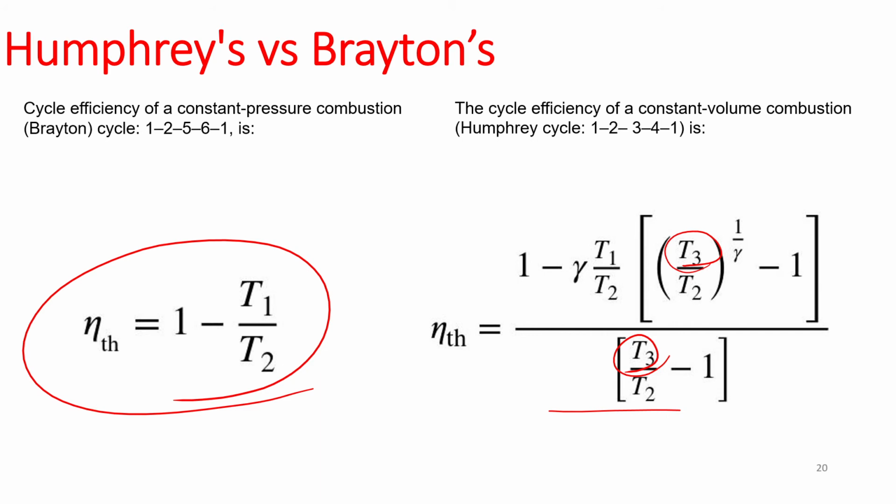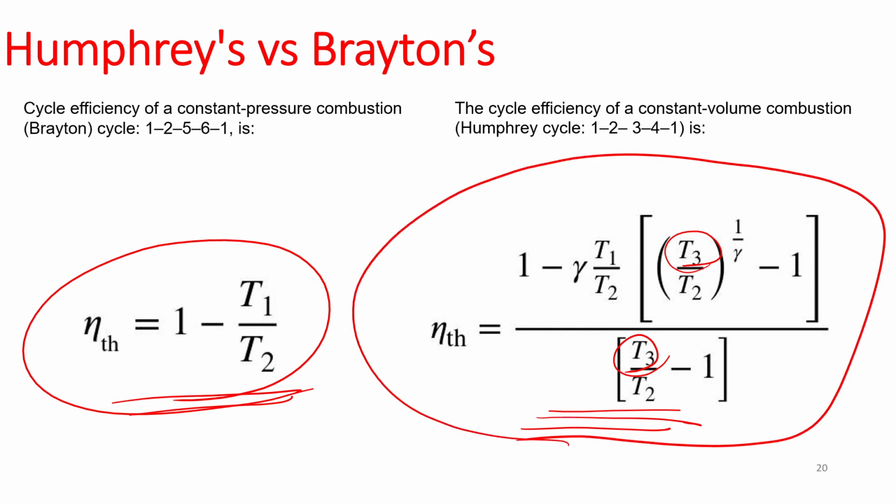For the Brayton cycle, the efficiency is 1 minus T1 over T2, the ratio of T1 over T2. And for the Humphrey cycle, you will have this huge ratio, and proving this ratio is going to be part of a quiz or a homework for you guys.